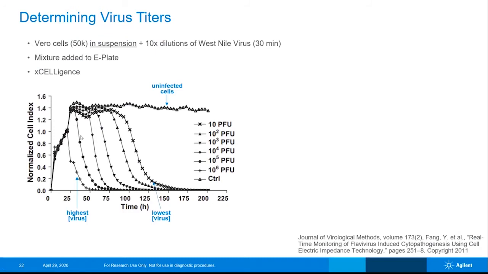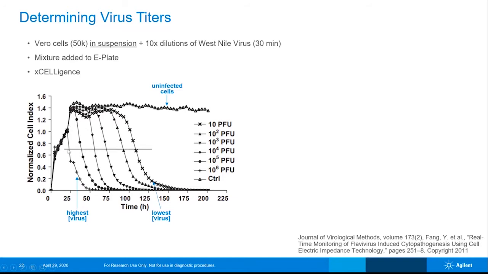So again, how you analyze this, there's a number of ways that work just fine, but here again, the authors chose to look at the time point at which a 50% killing response had been achieved. And so the uninfected cells have a cell index value of about 1.4, so half of that is 0.7.